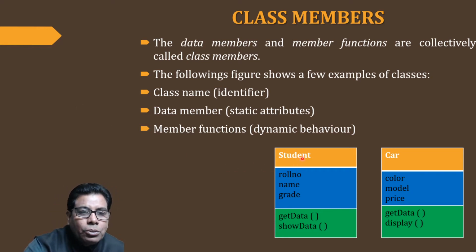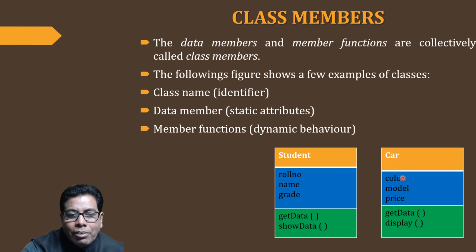Name of the class is student, and it will have the data members, roll number, name, grade, etc. And then it will have certain functions or methods, get data, show data. Similarly, here we have another class, that is car. It will have the data members, color, model, price, and again some functions like get data, display, like that.